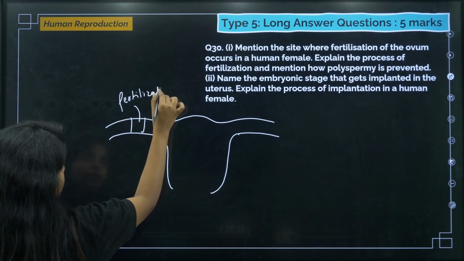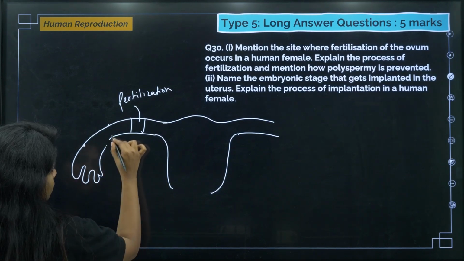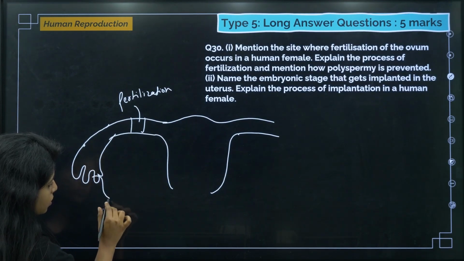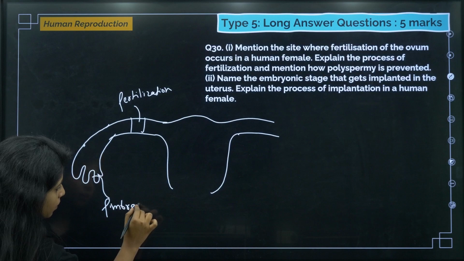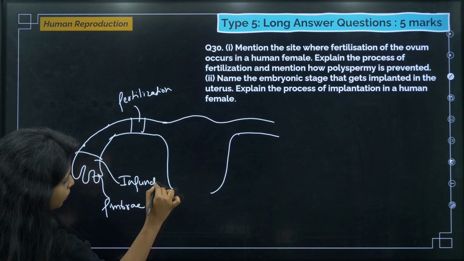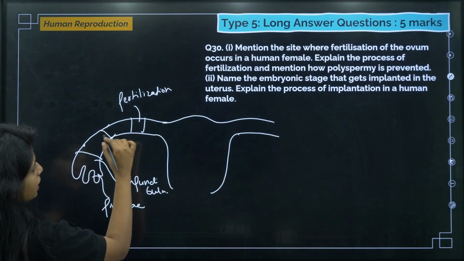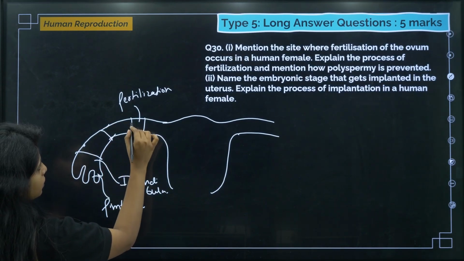If you are asked about the exact place, the fallopian tube has 3 regions. One has finger-like projections, known as fimbriae, and this area is known as infundibulum.